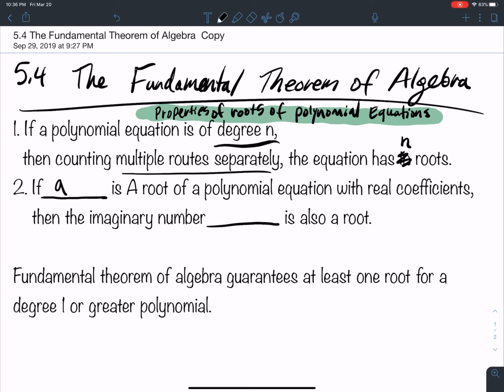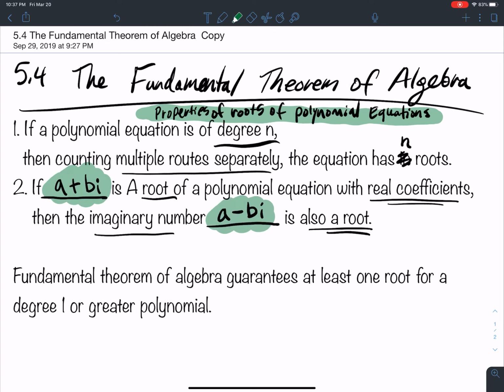if a plus bi is a root of a polynomial equation with real coefficients, then the imaginary number a minus bi is also a root. So if I know that a plus bi is a root, then I get a minus bi for free. This is something special in math called the conjugate pair.